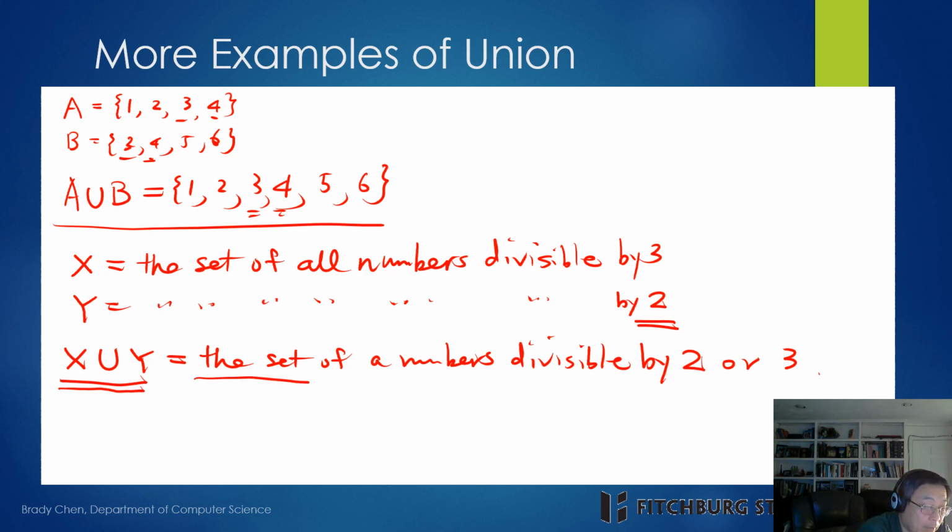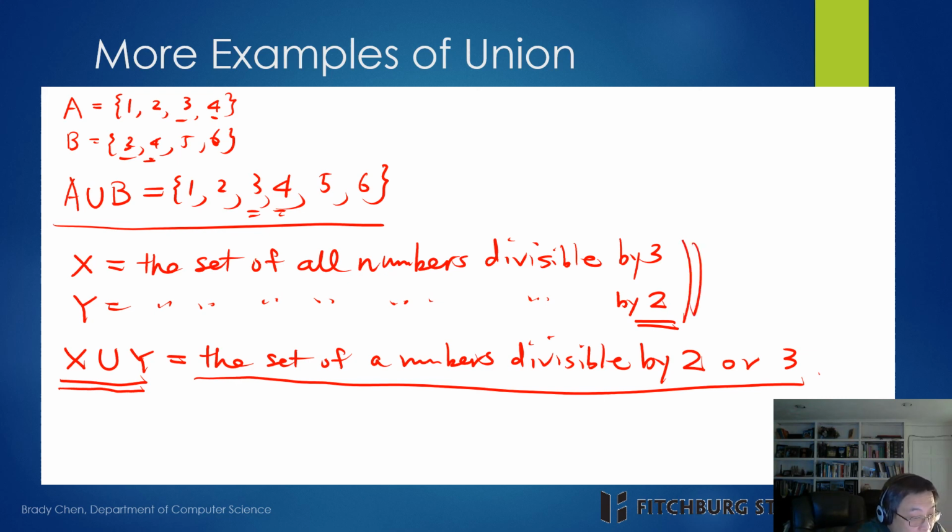So X union Y should include the elements that belong to either X or Y. So that's another example of the union of X and Y. Okay.